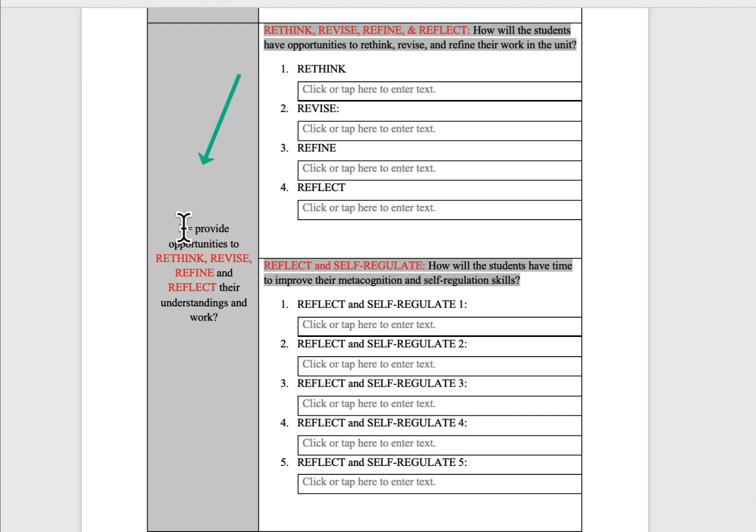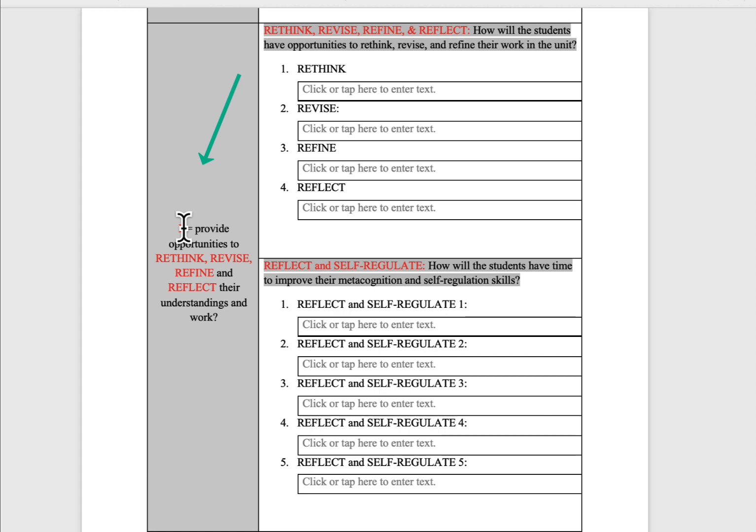When students rethink, there are shifting perspectives, considering key assumptions, and considering new information. When students are revising or refining, they are completing peer assessments along with self-assessments. Lastly, when students reflect, they are encouraged to reflect using reflective journals or think-alouds.